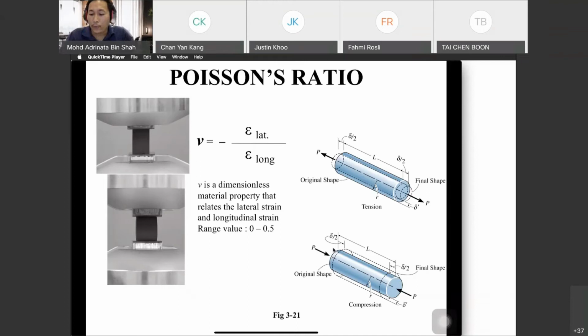If we have an example, a beam and given load P, what happens if we give the load P, it will act like this.